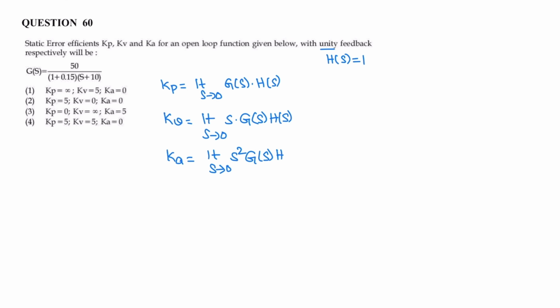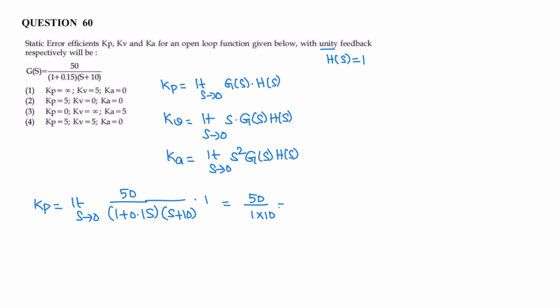So calculate Kp. Kp is the limit as s tends to 0 of G(s), 50 by (1 plus 0.1 s) plus 10, into H(s), whose value is 1, that is 50 by 10. Kp value is 5.